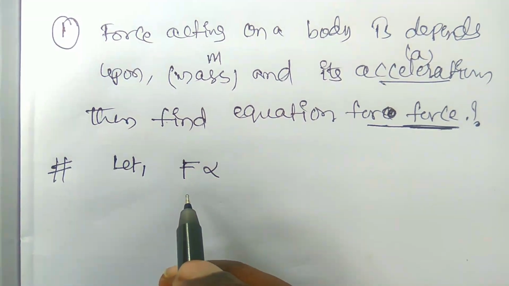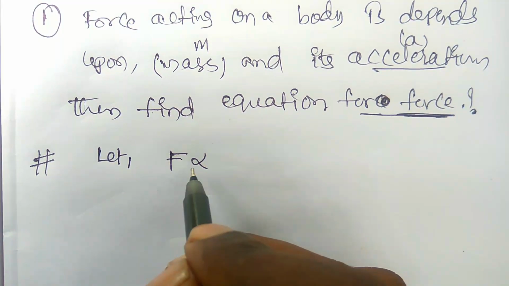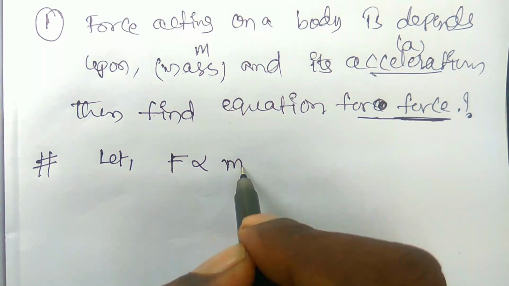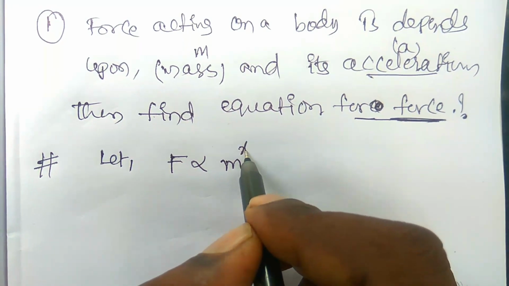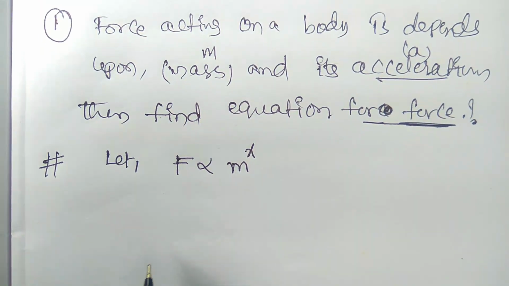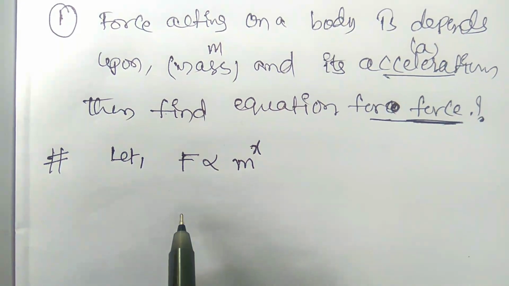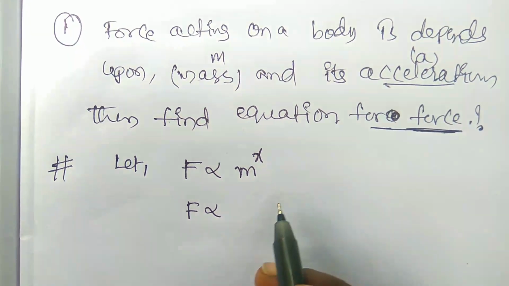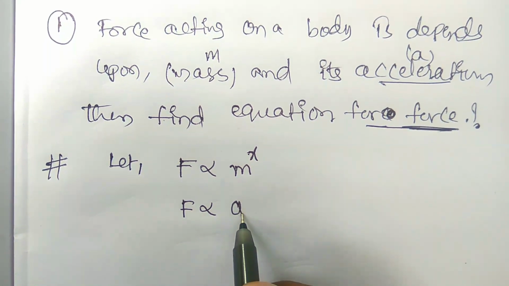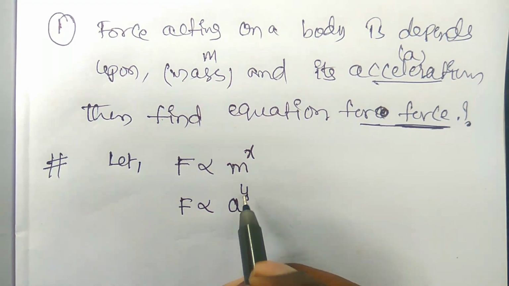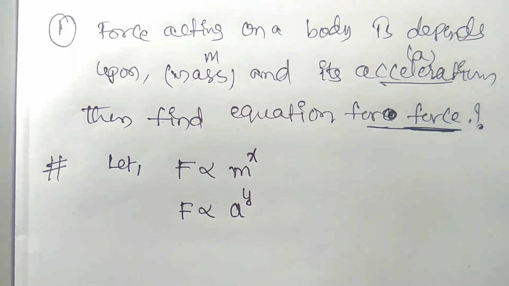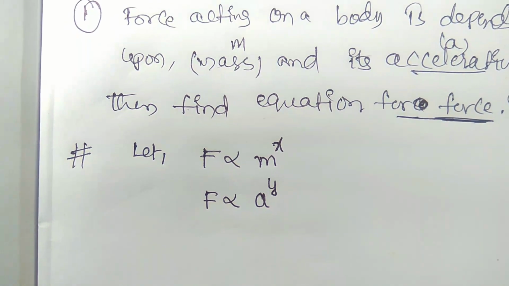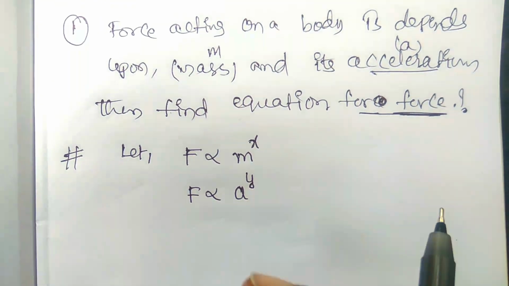So first we can write force directly proportional to m to the power x. The power should be written here. And the second one, the force depends on the acceleration of the body, so a to the power y. If any other factor is there, that factor is in power z. Okay, so this is the process you have to write.